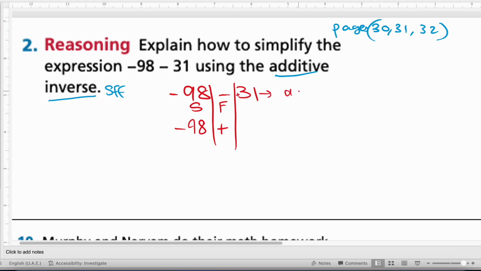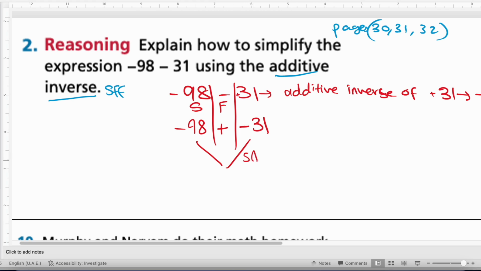So I want the additive inverse of the 31. 31 is positive. What's the additive inverse of it? It's negative 31. And then, since they are both negative, I should add them.